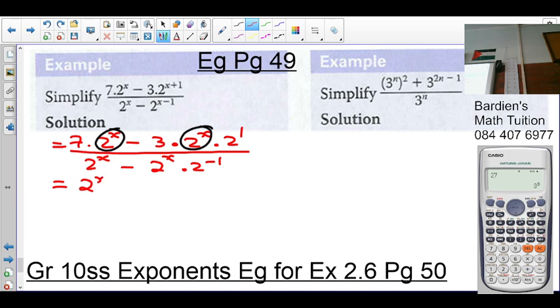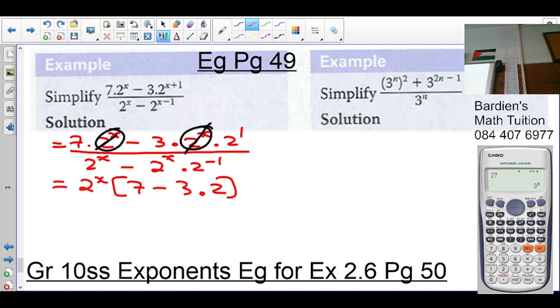So if I take out 2 to the x, what am I left with? 7 minus, take it out, I'm left with 3 times 2. You see that, people? You guys confused? What are you confused about? Everything. Did you watch the video? Yes. How can you be confused about everything?